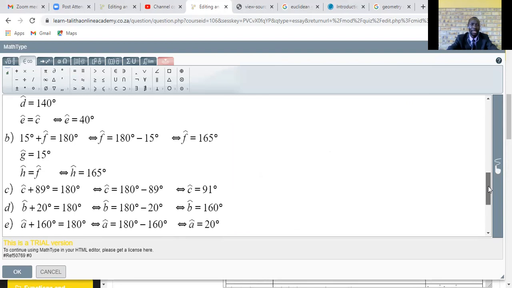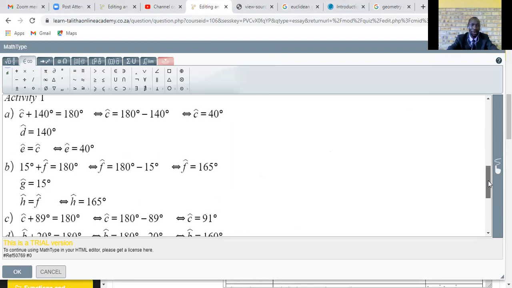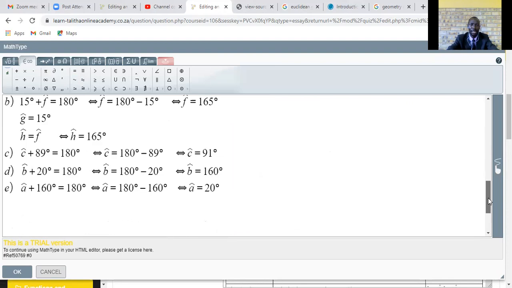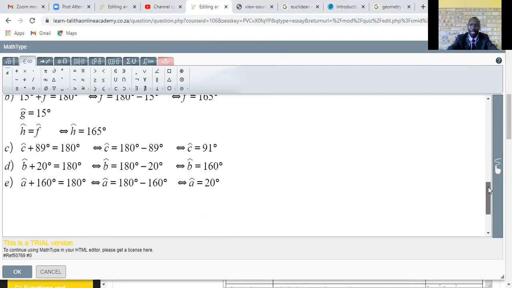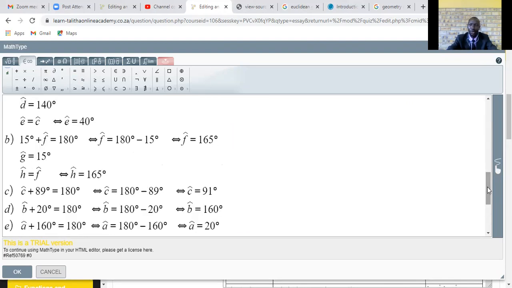And with angle properties in activity 1, we have discussed a lot. So from this, you should be ready to have an activity to do by yourself, which should be coming shortly. This is how we calculate angles based on these properties that we just looked at. And then from that, you should prepare for activities.